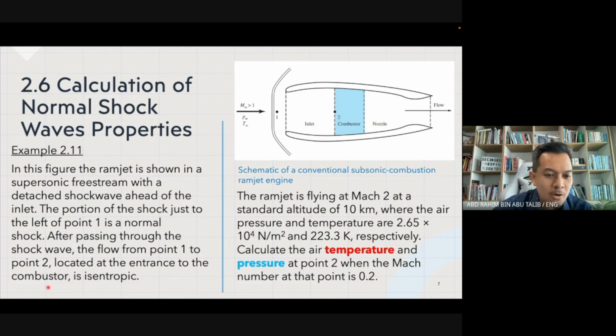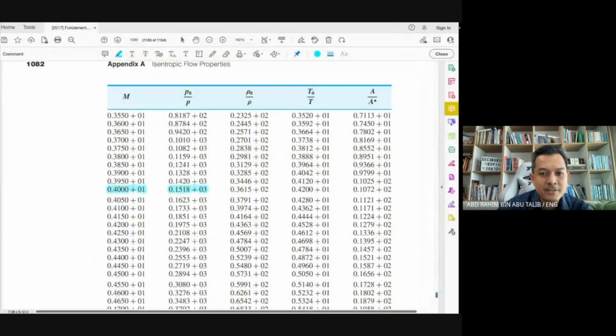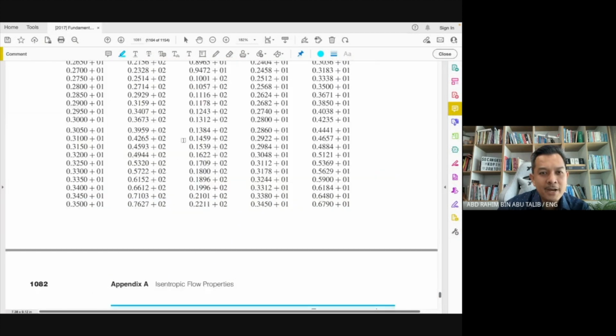So how do we approach that? The total pressure and total temperature of the free stream at a free stream Mach number equal to 2 can be obtained from Appendix A. Let's go into Appendix A now.